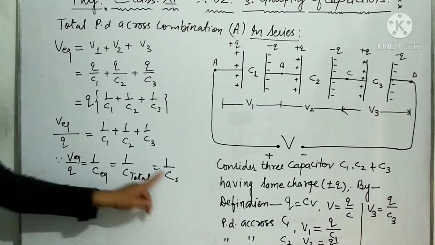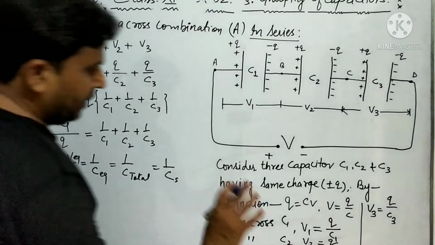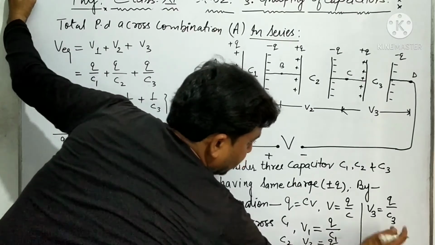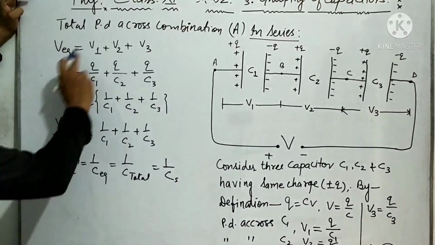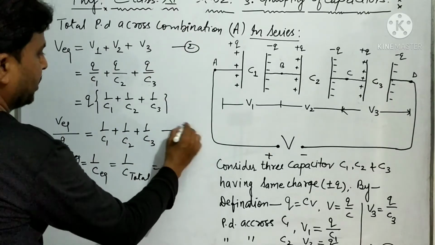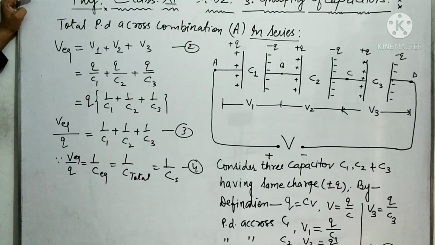So substitute this value with the equivalent here. We can consider the first equation, these 1, 2, 3 combined, the second equation this, the third equation this, the fourth equation this. By the way, there is no need of the equations.